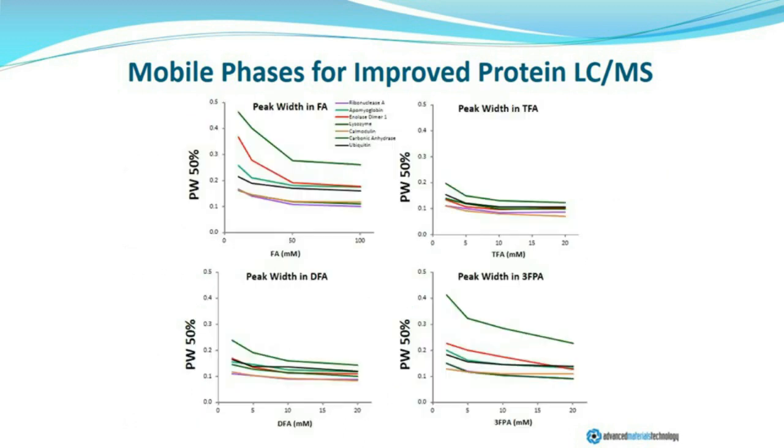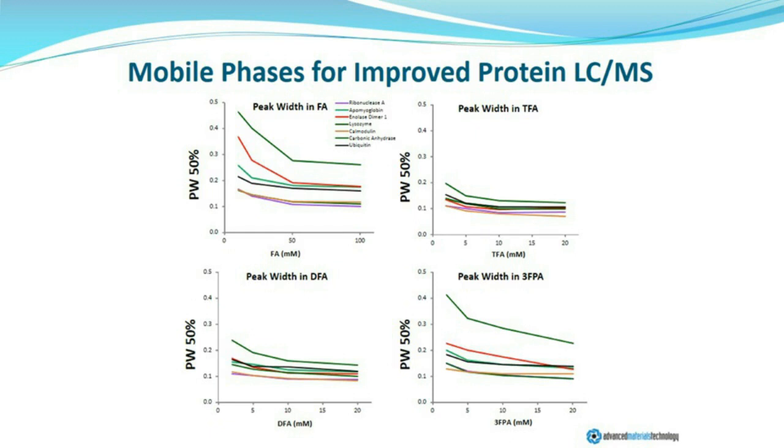Now, if we try to get some quantitative impression of what's going on as we alter the mobile phase conditions, and I'll speak in generalities now, although the precise data is here, if we want to use formic acid for useful protein chromatography, we need to be at relatively high concentrations.